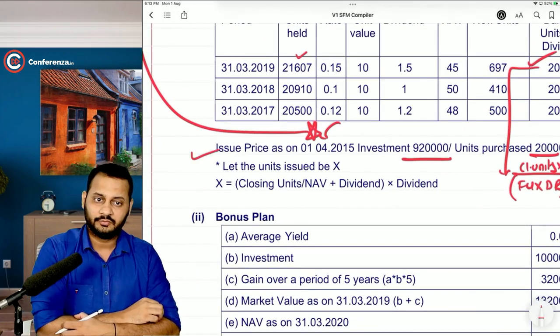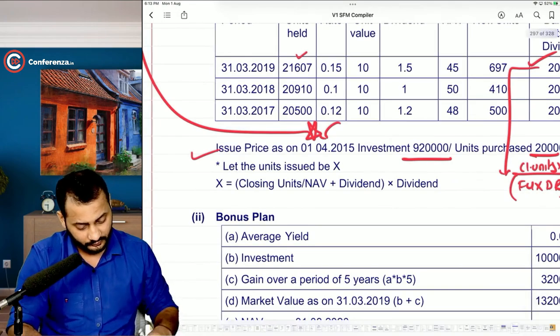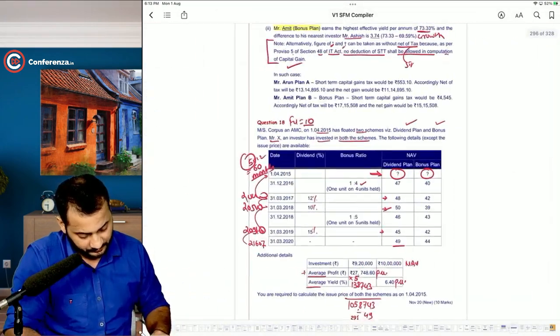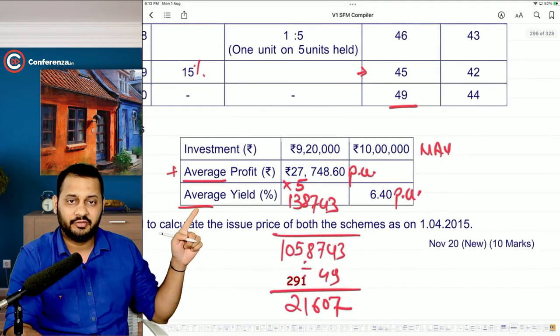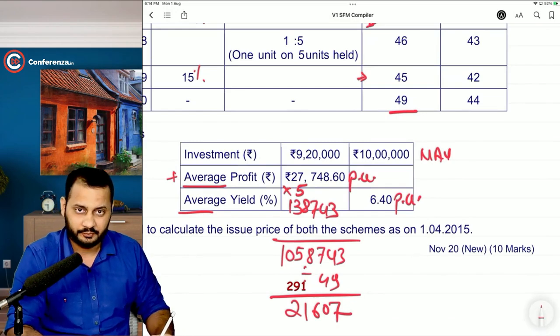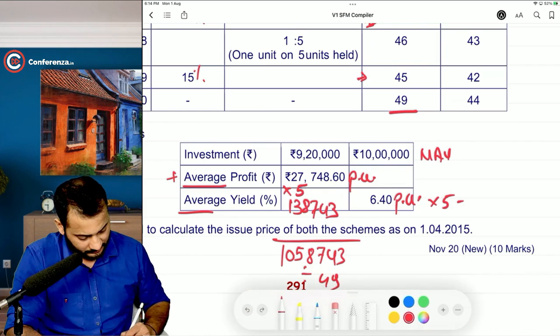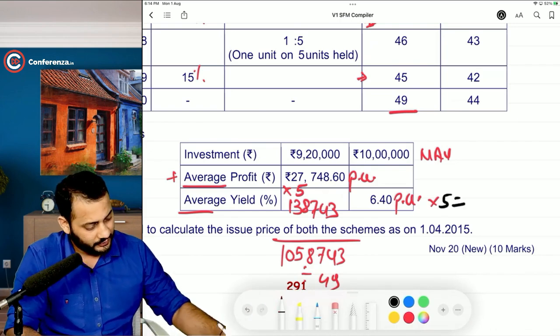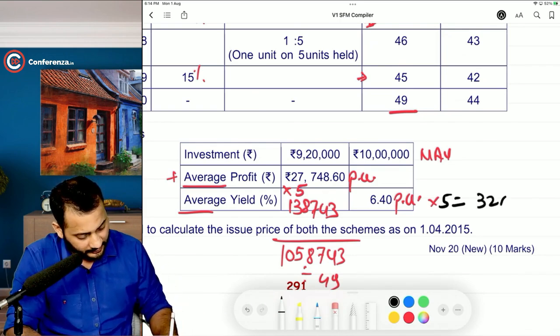Simple enough. This was all about the dividend plan. Let's talk about the bonus plan now. If we go through the bonus plan, the average yield is 6.40% per annum. If you multiply it by 5, the total return will be 32%.